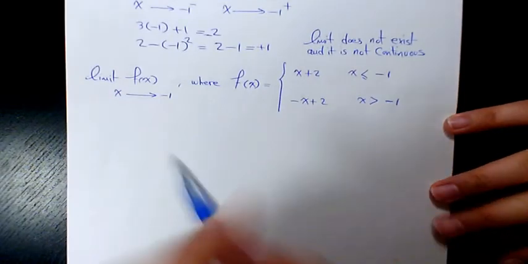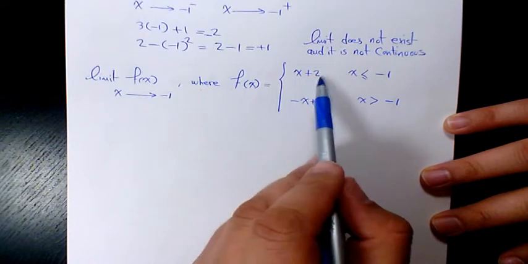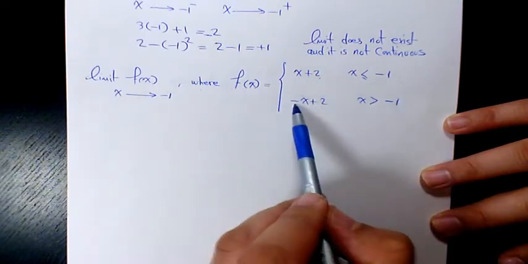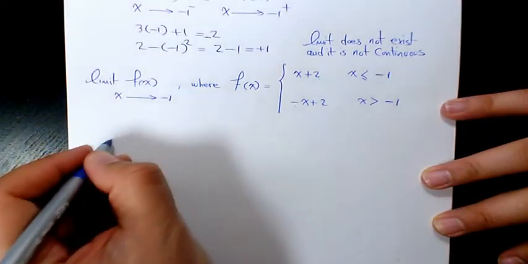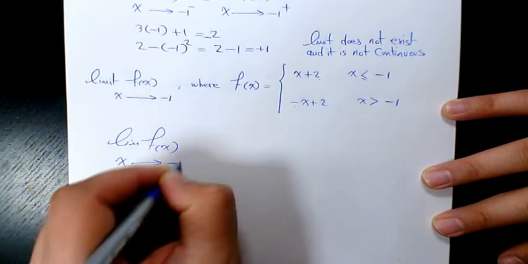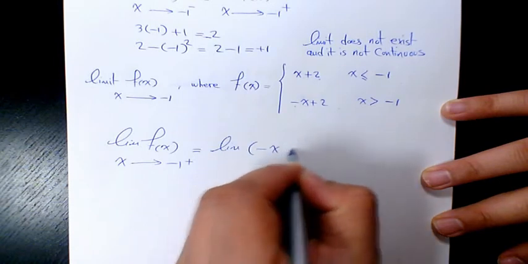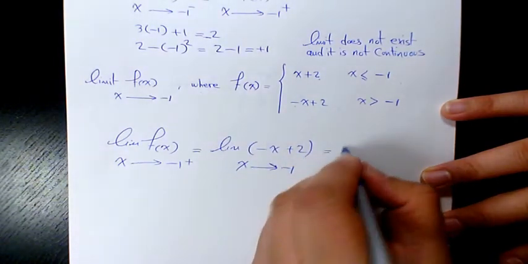Next one, the limit of f of x when x is approaching negative 1, where f of x is x plus 2 for x values equal to or less than negative 1, and negative x plus 2 for x values greater than negative 1. So it's going to be the limit of f of x when x is approaching negative 1 from the right. That's going to be the limit of negative x plus 2, which is going to be 3.